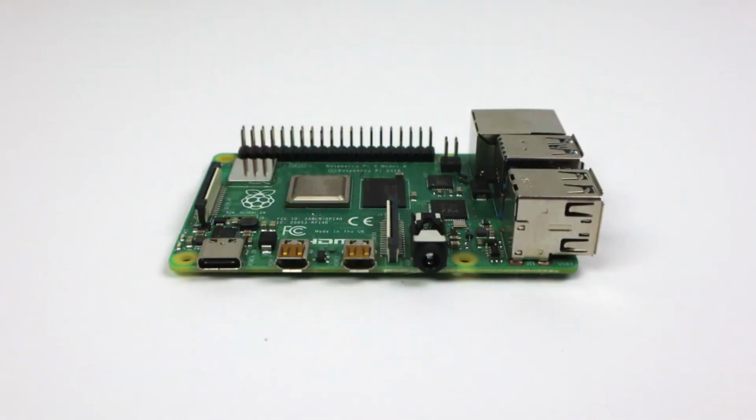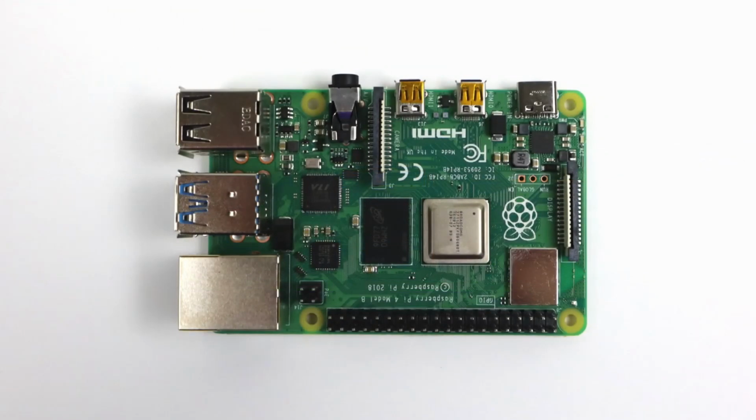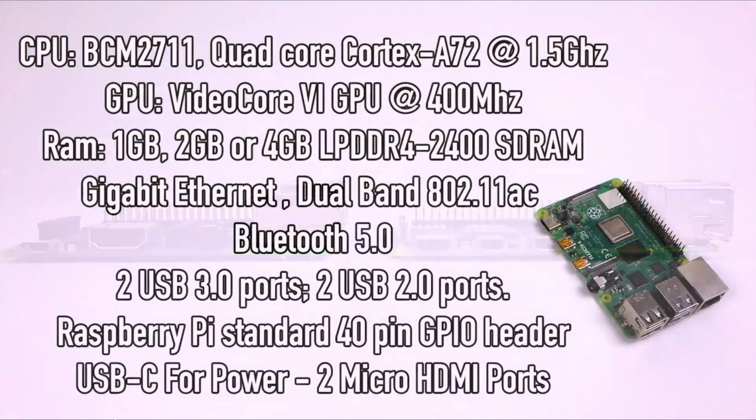There are the expected upgrades: the lift to 4 GB of fast memory, support for 4K display, Gigabit Ethernet, the bump in processor speed to 1.5 GHz, the inclusion of USB 3.0, and the move to a new, more modern system on chip.